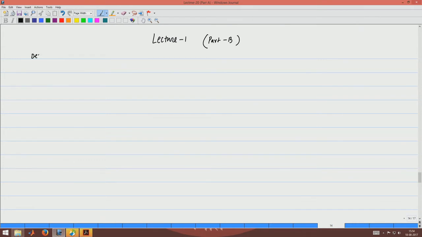So, the definition here. Walk in a graph or multigraph. Multigraph means multiple parallel edges and loops are allowed, and in a simple graph parallel edges and loops are not allowed.